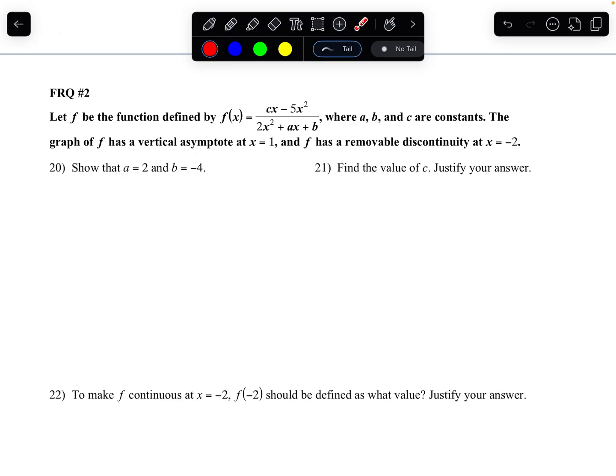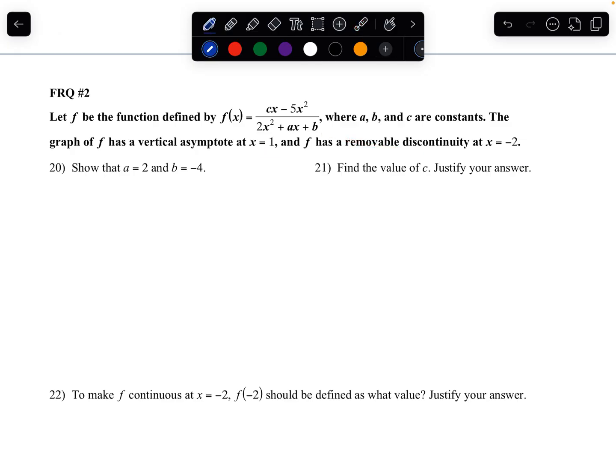So if this is going to be a removable discontinuity and this is going to be an asymptote, that would mean that if I plug in negative 2 or if I plug in 1, either one, then this should be equal to 0. So I'm going to do both. We're going to plug in 1 and we're going to plug in negative 2 here for x.